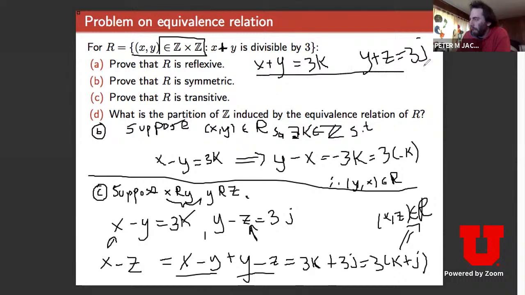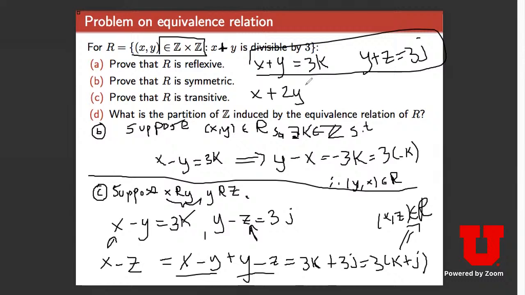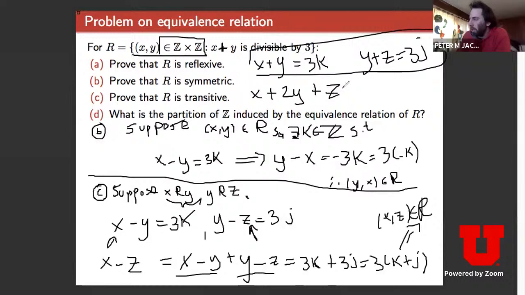What this tells us here is that x plus 2y plus z is a multiple of 3. So 3p, where p is just k plus j. So x plus z is equal to 3p minus 2y.